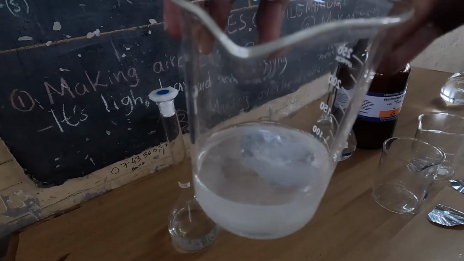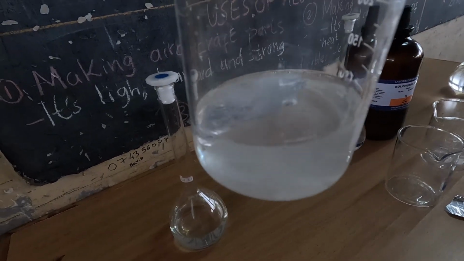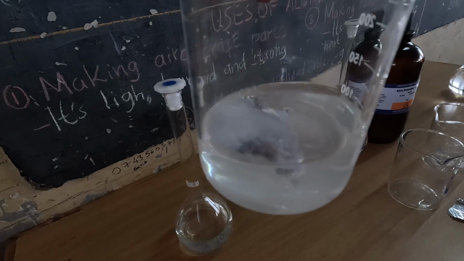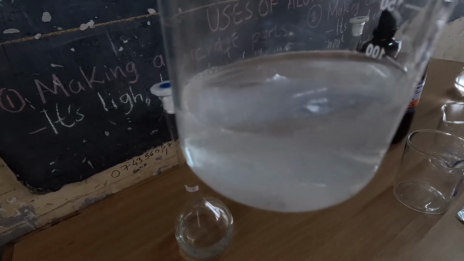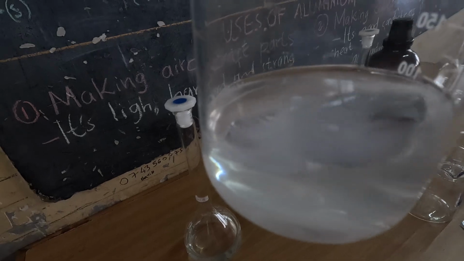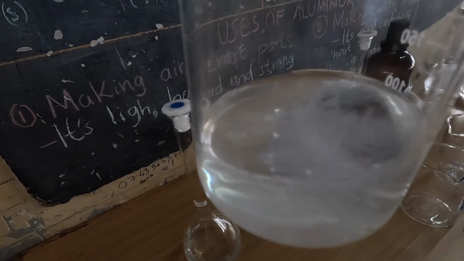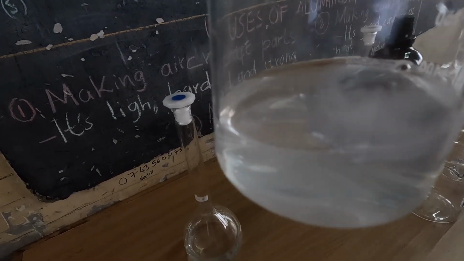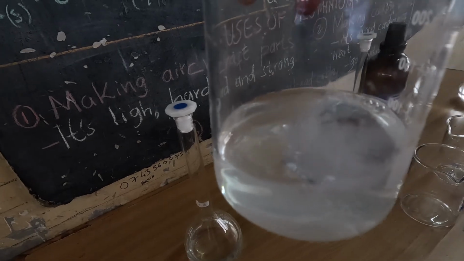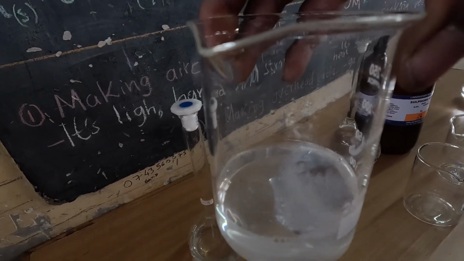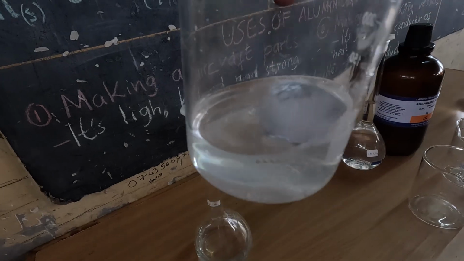Then later it is going to become more and more vigorous as it produces some fizzing, which you can hear, due to the production of hydrogen gas. So it is going to get depleted at the end of the reaction to form aluminium chloride and hydrogen gas.